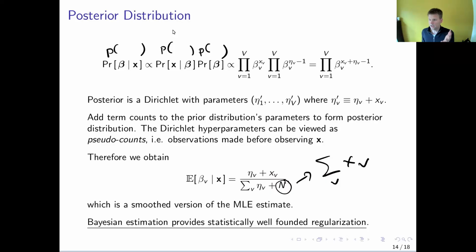Now this is nice, I would argue, this expression for the Bayesian estimate of beta V. So recall, what was the MLE estimate? The MLE estimate was the empirical frequency, which was XV over N. So here I have something that sort of looks like the empirical frequency, but it's been smoothed out by these hyperparameters. So the fact that I have posterior beliefs makes my posterior beliefs move towards the empirical frequency, but they don't degenerate on the empirical frequency.